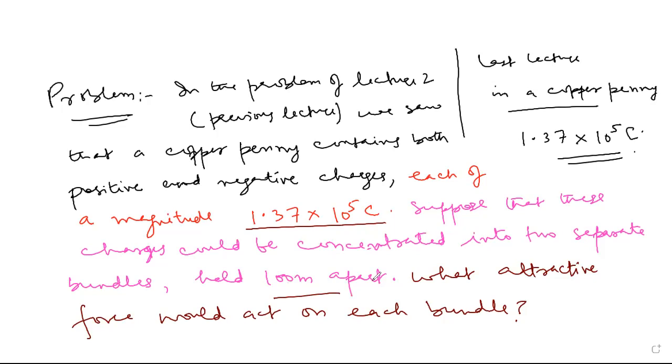What attractive force would act on each bundle? As these two charges are unlike, positive and negative, there will be attractive force. Now we want to estimate that. So let us move to the solution. Simple question.